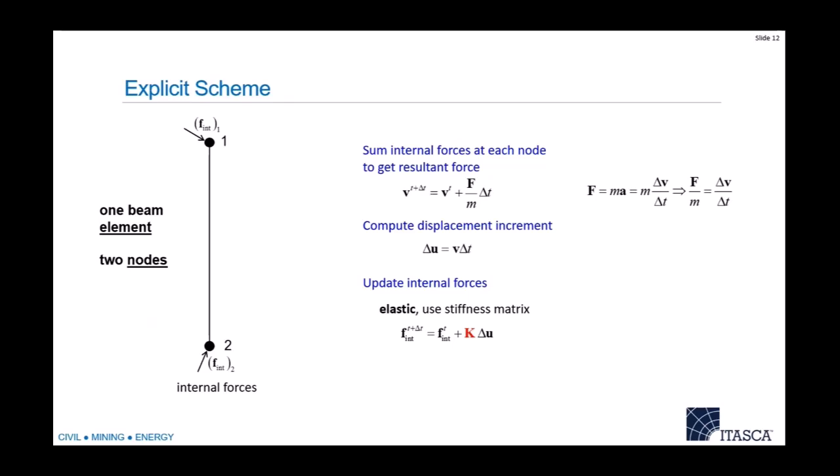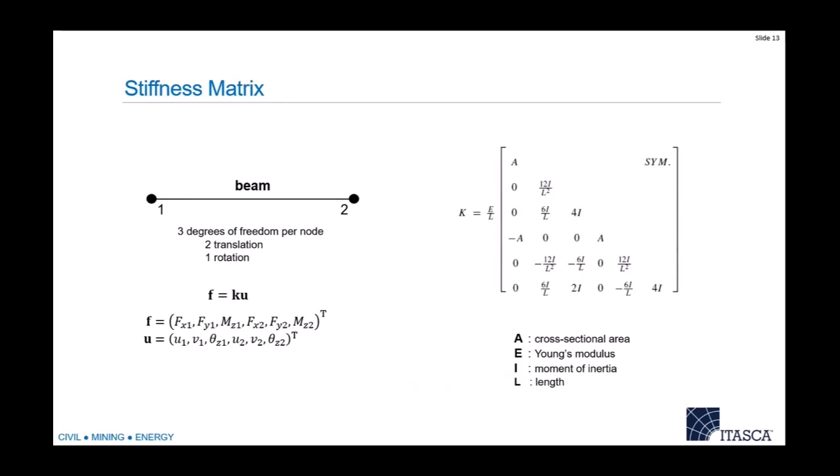Okay, then we update internal forces based on the displacements and the stiffness matrix. In finite element courses that you may or may not have taken, stiffness matrices are the first thing you learn about. It's basically a matrix for each type. What is a stiffness matrix? It is this.